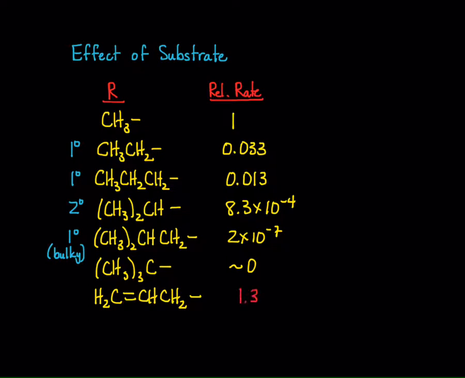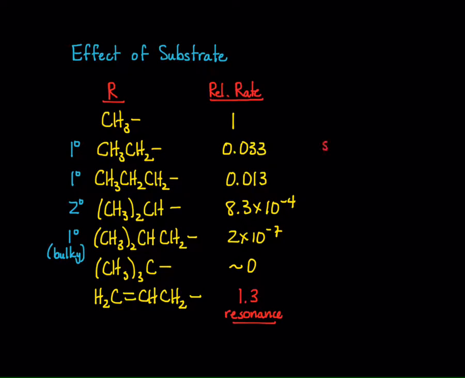And its relative rate is 1.3. Why is that? It all has to do with resonance, where I can move electrons around and stabilize any charges that are brought on. I can stabilize those charges by that pair of electrons on the carbon.